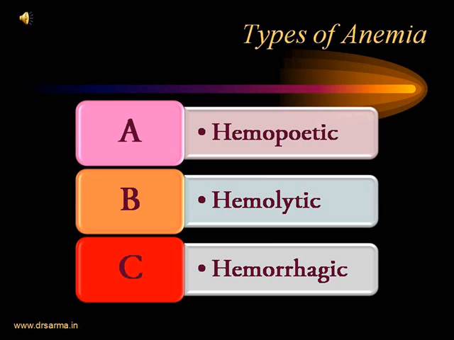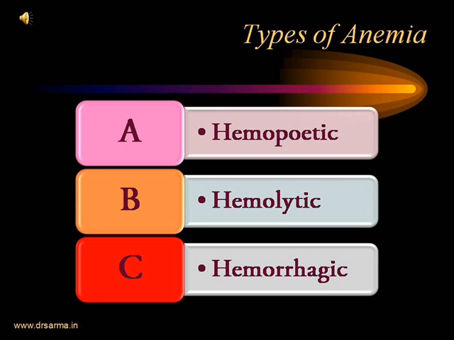Those with defective hemopoiesis, they are called hemopoietic deficiency anemias. The second type of anemias are hemolytic, where the survival of the RBC is reduced and the RBC lifespan is reduced from 120 to anything around 10, 20 or 15 days due to various causes.